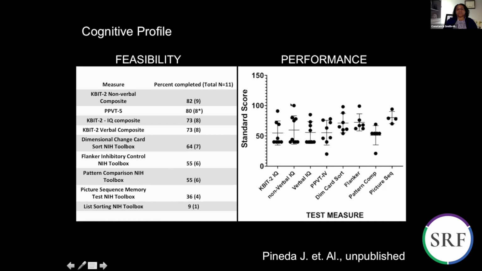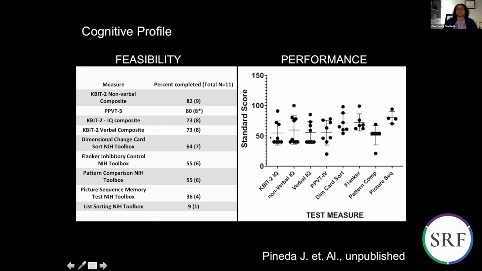When we look at performance as reported here in standard scores, we can see that there are some patients who functioned in the low average to average range, and we can appreciate that there are relative strengths in the dimensional card sorting task that looks at cognitive flexibility and the flanker task that looks at inhibition and attention.